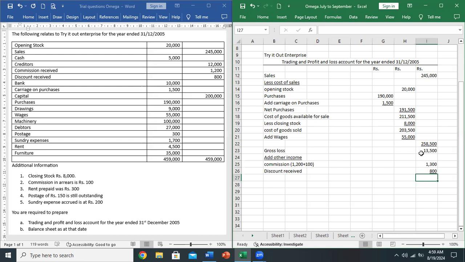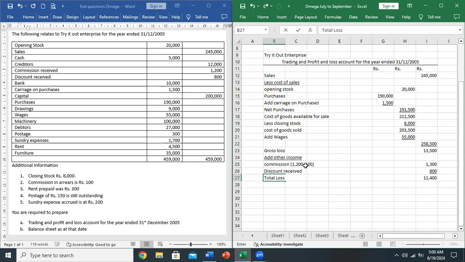So here, when you are punching your calculator, you have to be careful to realize that this 13,500 is negative 13,500. And you are adding, so plus 1,300 plus 800. You get 11,400. And this will represent total loss, okay? Total loss. Loss because it's a negative figure. If it were to be positive, then you call it total income.